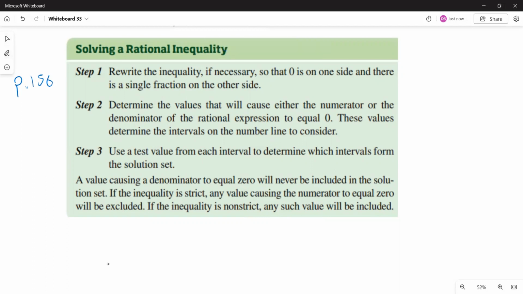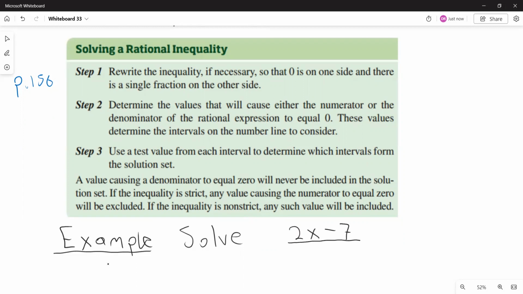We are going to solve 2x minus 7 over x minus 5 less than or equal to 3.